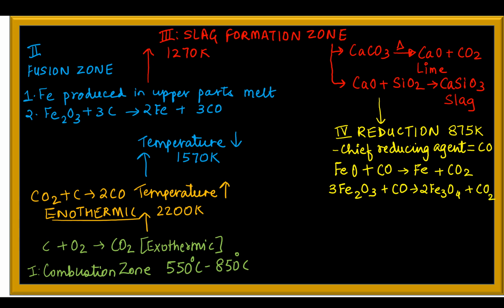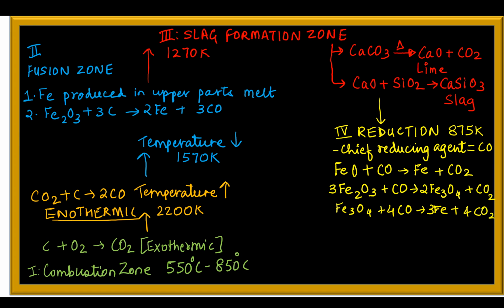Okay, let me just check the balancing here. So iron is balanced, oxygen is 3, fine, 6. Okay, fine. So now the next reaction again is Fe3O4. So a series of reactions keeps happening. Plus 4 carbon monoxide gives 3 Fe plus 4 CO2.